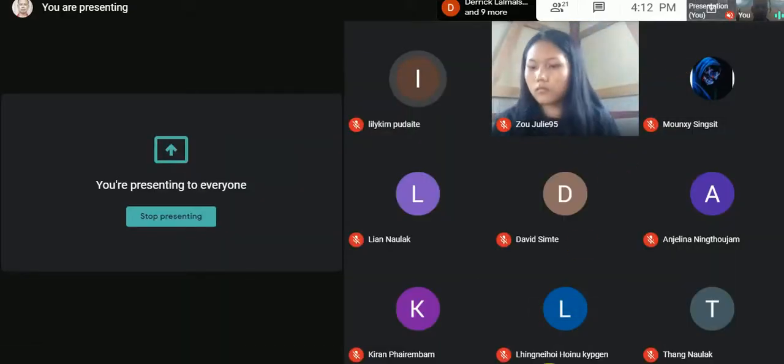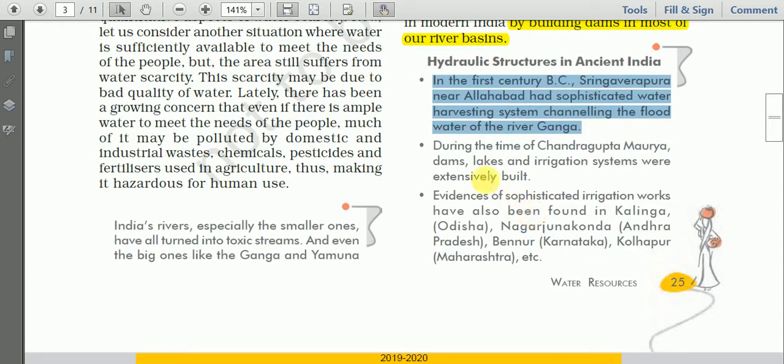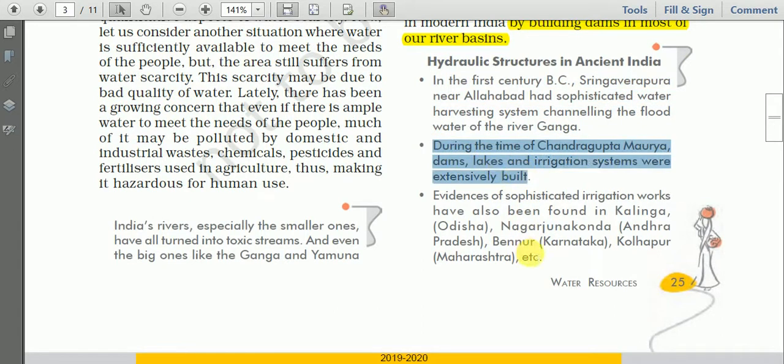Then let us proceed. Another point: during the time of Chandragupta Maurya, dams, lakes, and irrigation systems were extensively built to conserve and manage water.